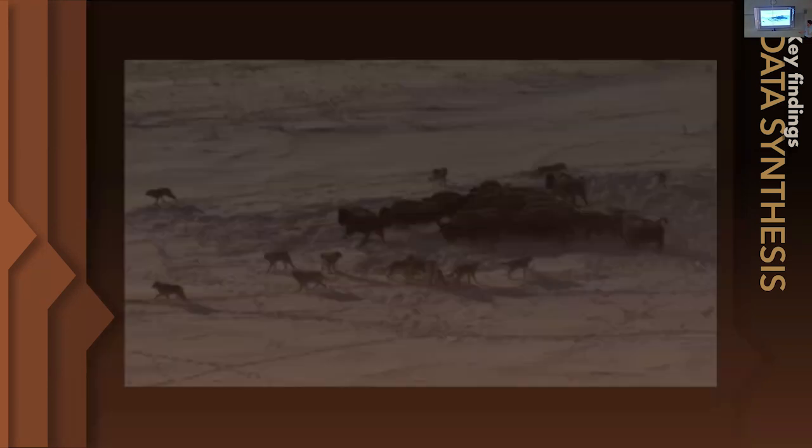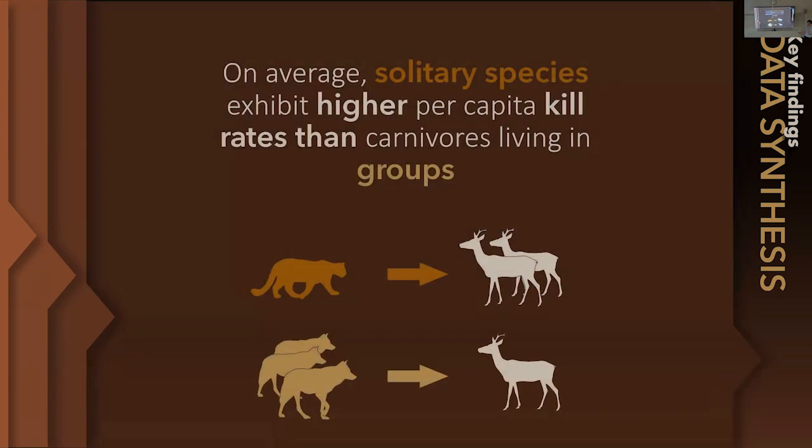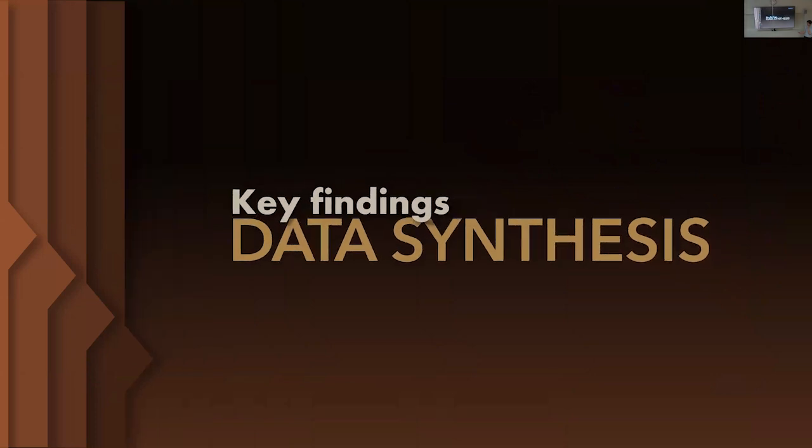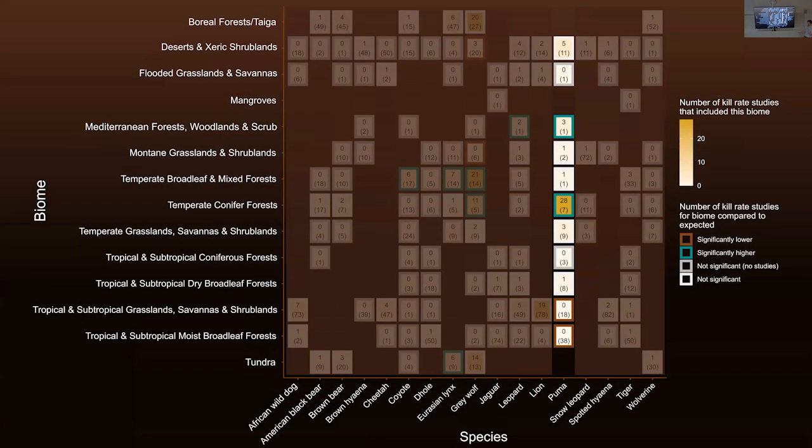For instance, grey wolves in North America, their kill rates seem to vary by season. The biomass of their kills in winter is higher than in summer, I think from memory.